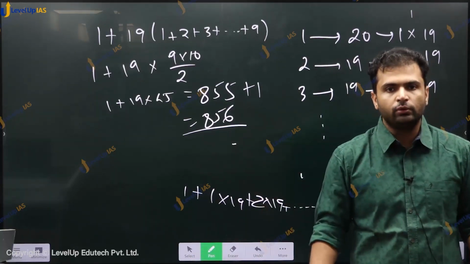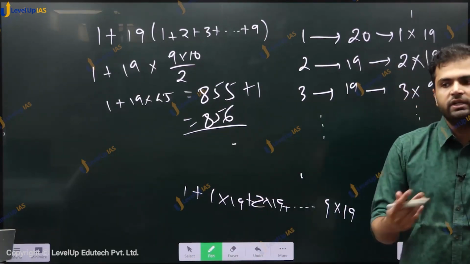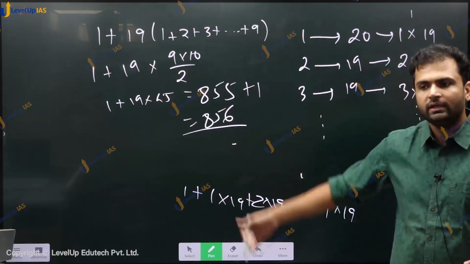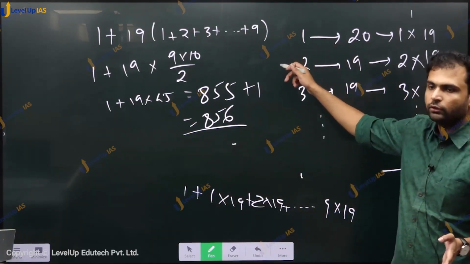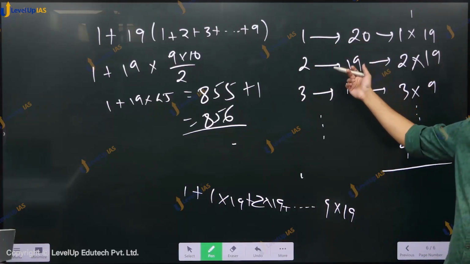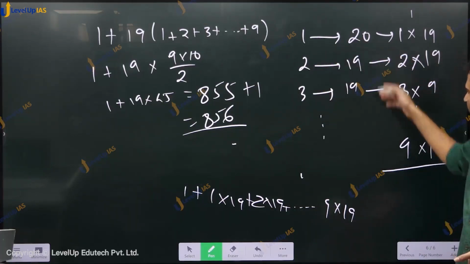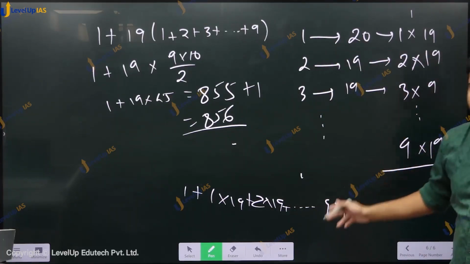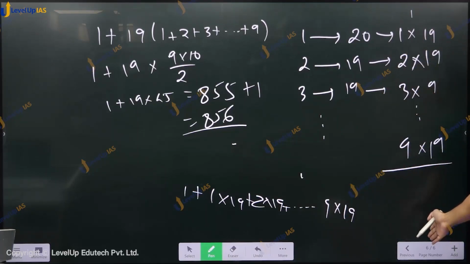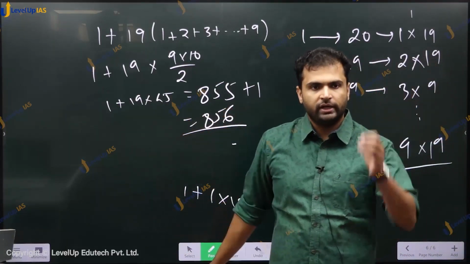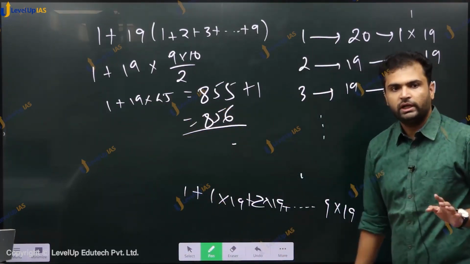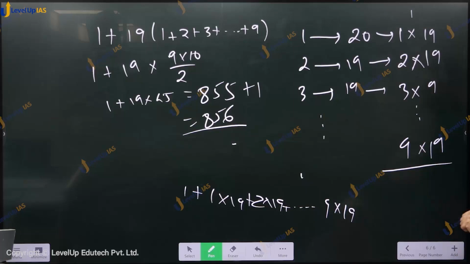So we just had to see which digit appears how many times and then add all those digits. That is what we did. We concluded that 1 appears 20 times. 2 to 9, every digit appears 19 times. And then we directly added those digits. And the addition came out to be 856. That is all we have to do.